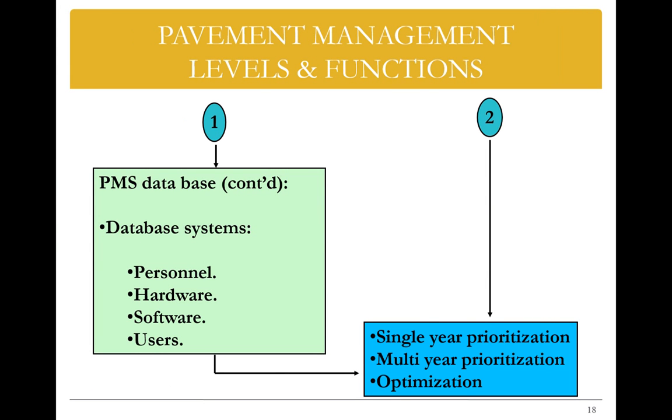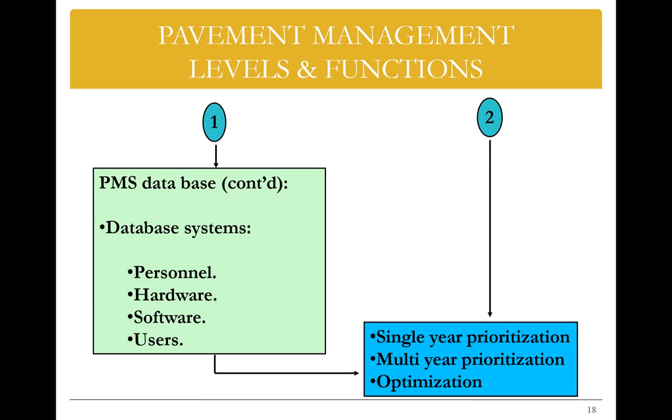Here, for the other part related to the PMS database systems, we need to address the personnel, the people who are going to use the PMS database; the hardware, which is mainly computers and other measuring devices that we use in the field; as well as software.